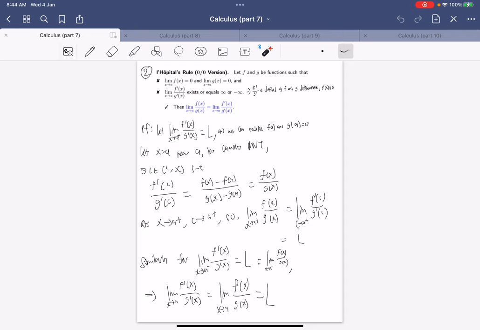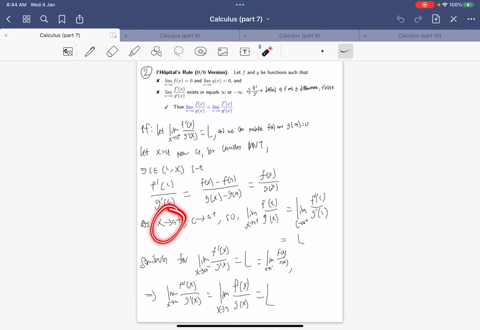We take an interval from a to x, and by the Cauchy mean value theorem there exists a point c for f prime c over g prime c to be equal to f x over g x.